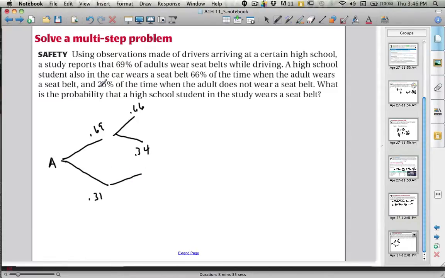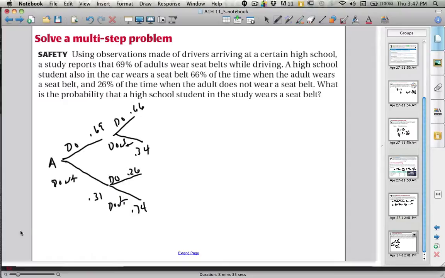And when the adult doesn't wear the seatbelt, they only do it 26% of the time. And down here, that means that 74% of the time they don't wear. So remember, this is do, and this one is do, and those are the ones I care about. These here are don't, right? This is do, don't, and this one is don't.